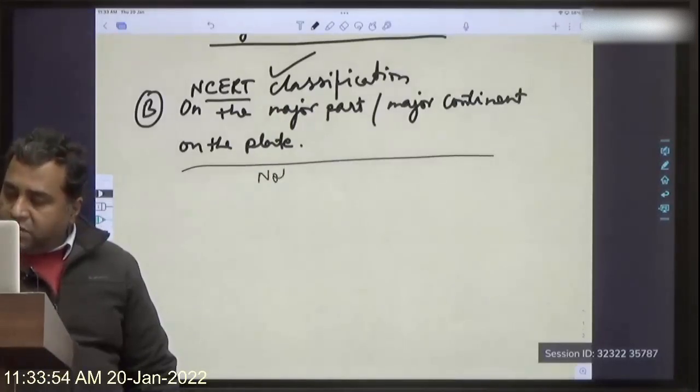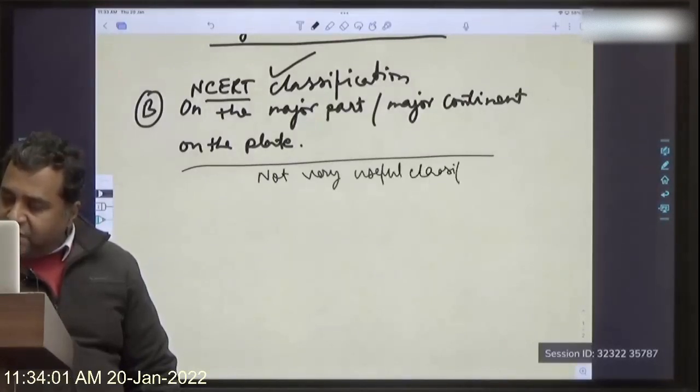This is not a very useful classification, but we are doing it just because it is given in the NCERT.